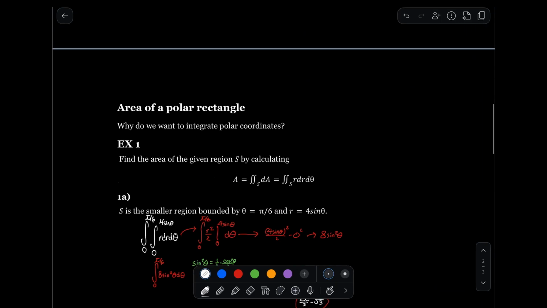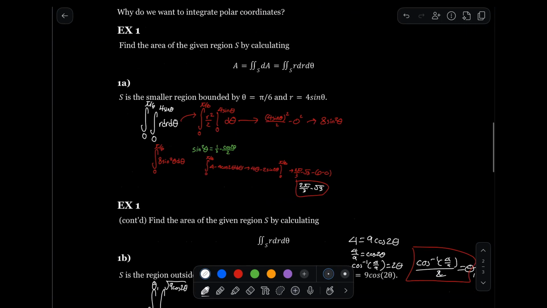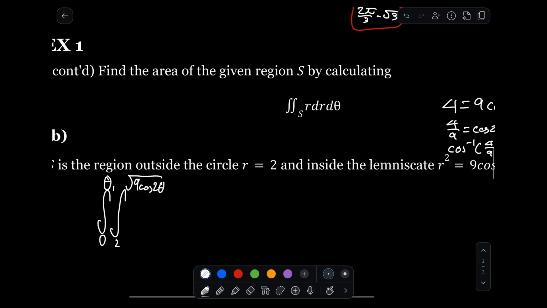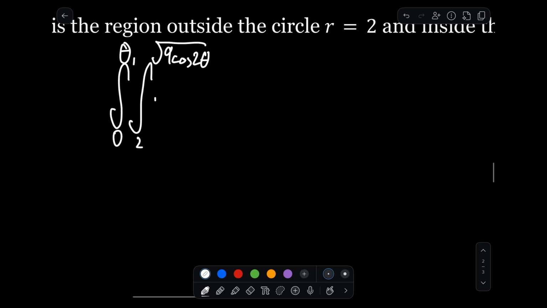The reason we chose the square root is because we're integrating with respect to r, dr. We're not integrating with respect to r squared. So taking the square root just makes our lives a little bit easier, and it'll actually work out as we go along.